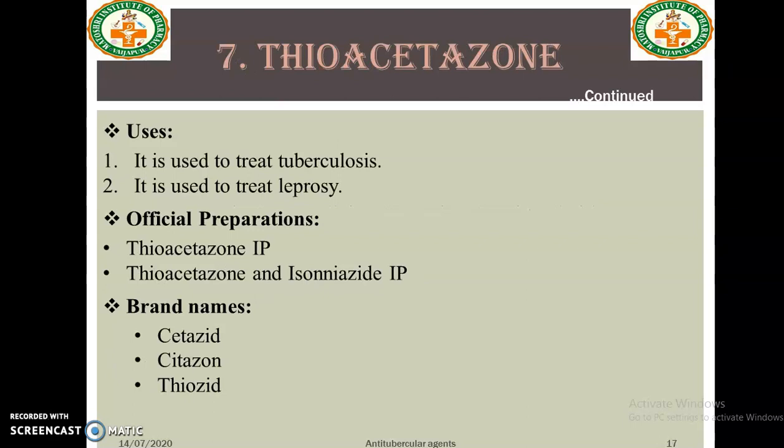Uses: thioacetazone is used to treat tuberculosis and leprosy. Thioacetazone IP and thioacetazone and isoniazid IP are the official preparations. It is known by the brand names Cetazid, Cetazone and Thiazid.